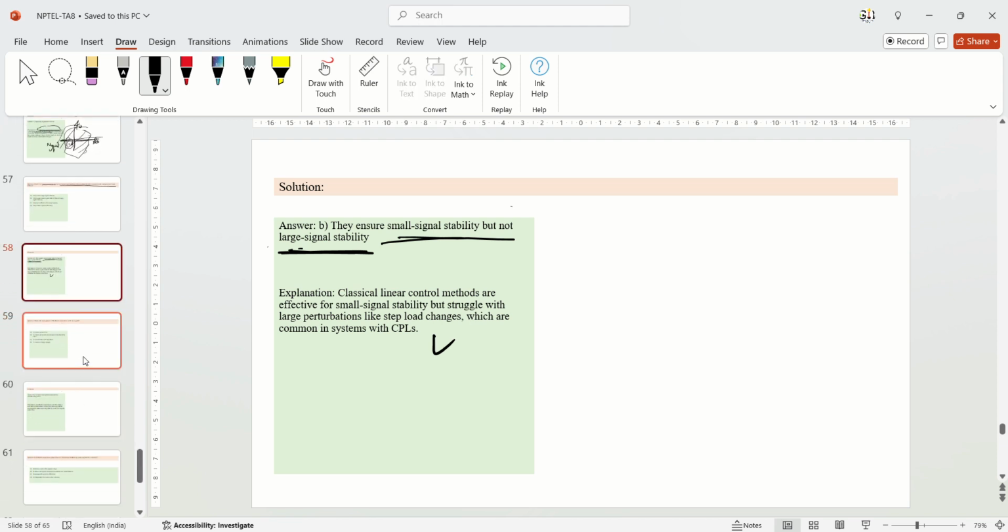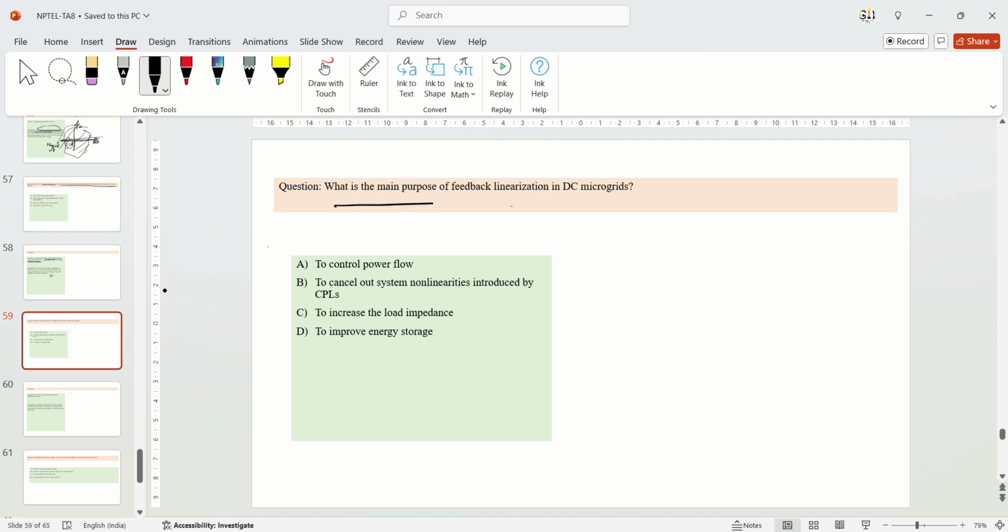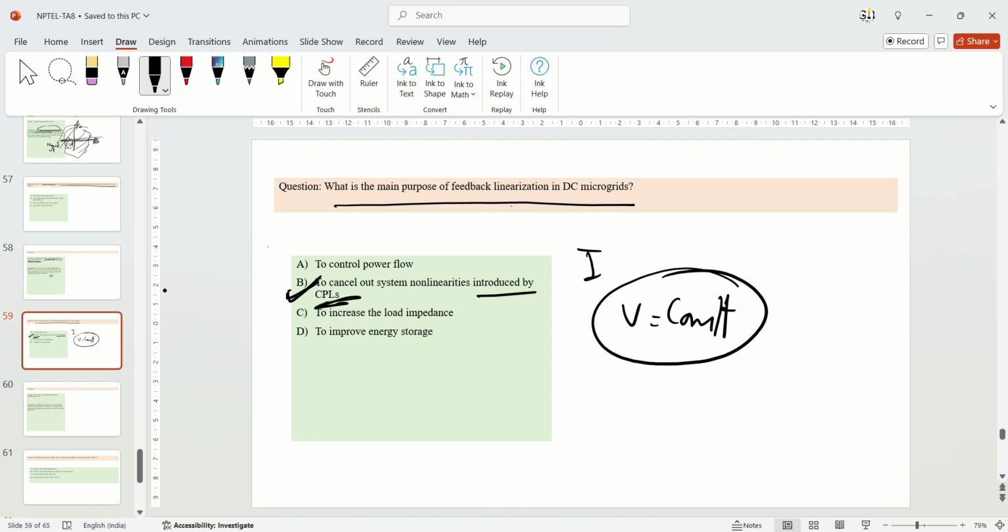Coming to the next question: the main purpose of feedback linearization in the DC microgrid is to cancel out the non-linearities. So you have systems with non-linearity, which is introduced by the CPLs, the constant power loads, because the current is actually variable in that case. So you need a constant voltage maintaining phenomenon, on the output side and also the input side, by taking the feedback from the load side, plus minus V output.